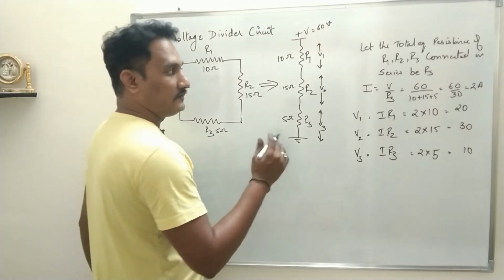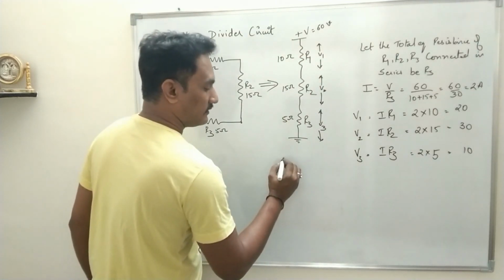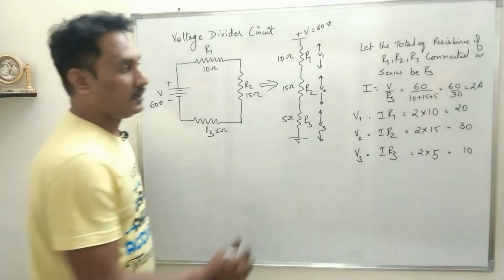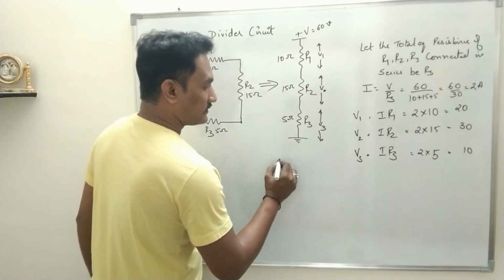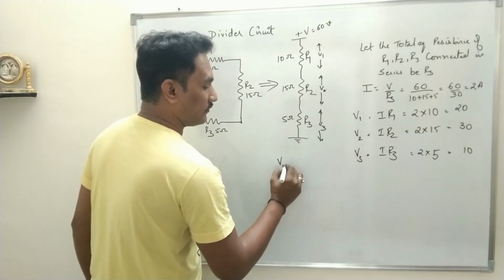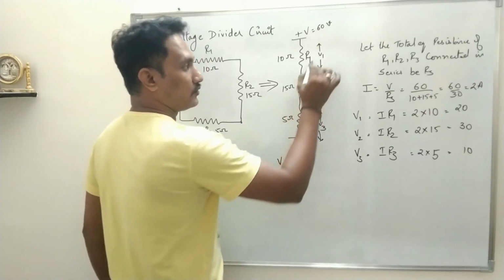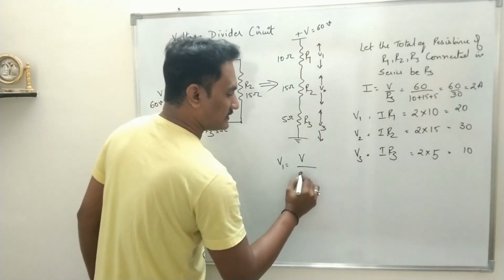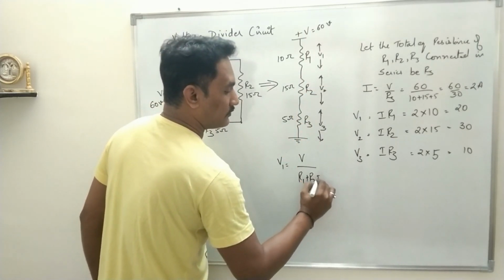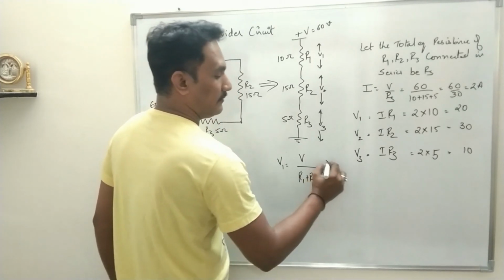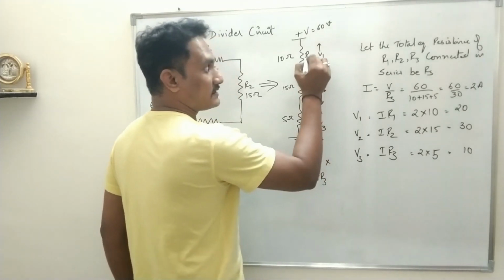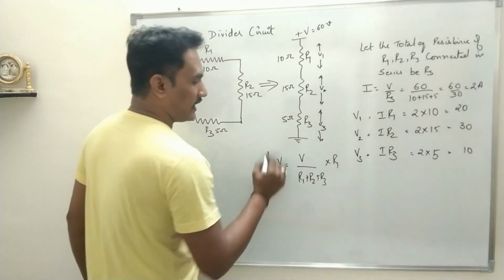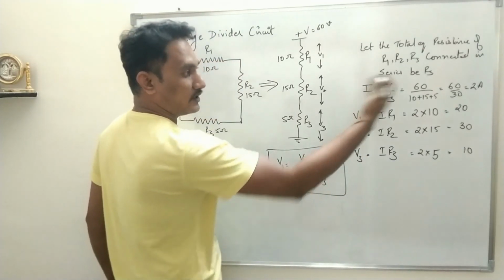See, whenever we go for voltage divider, this we have already studied in paper 2. Suppose if I want to calculate V1, what we do is we write total voltage divided by total resistance R1 plus R2 plus R3, multiplied by the resistance across which the voltage is taken. See, this is what we have done.